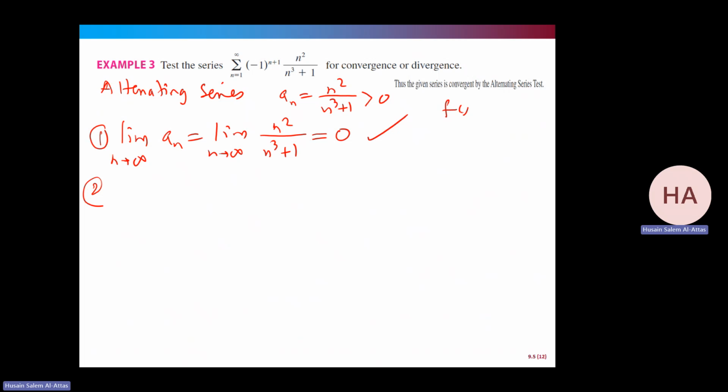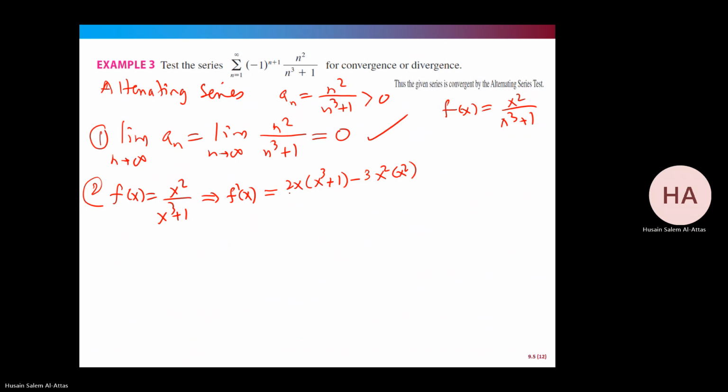We have f of x equal to x squared over x cubed plus 1. Find the derivative to check if that is decreasing or not. That will be 2x times x cubed plus 1 minus 3x squared times x squared, over x cubed plus 1 all squared. And that is 2x minus x to the power 4 over this one, which is always positive.